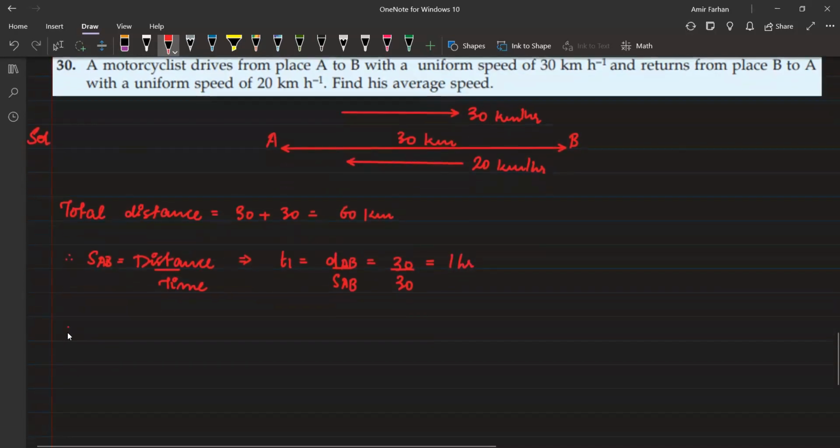Next, SBA will be distance by time again. So T2 equals DBA by SBA.